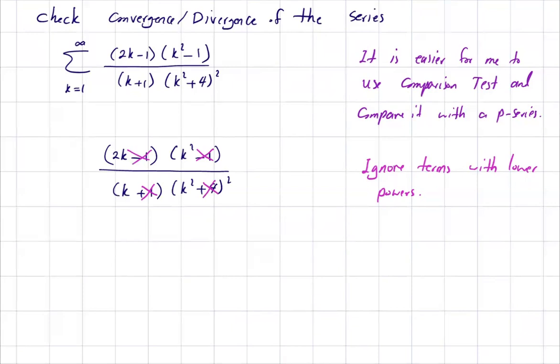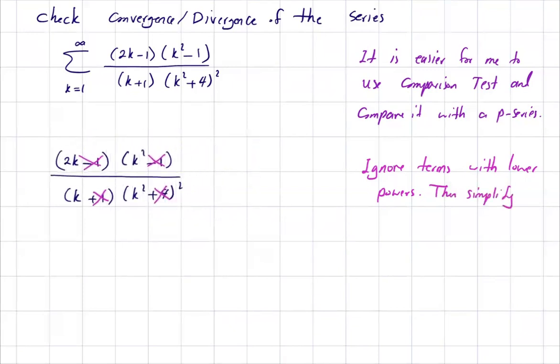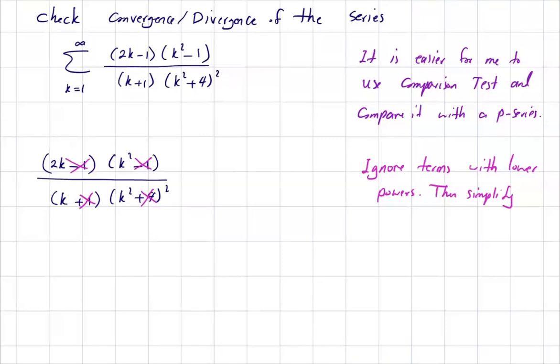So now simplify this. If you simplify this guy, this becomes 2k times k squared divided by k times k squared to power 2. You can simplify this further. You get 2k squared divided by k squared times k squared.